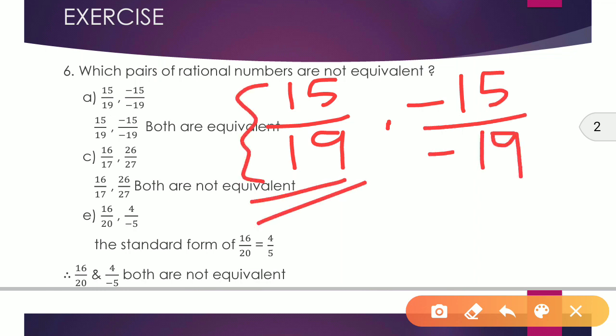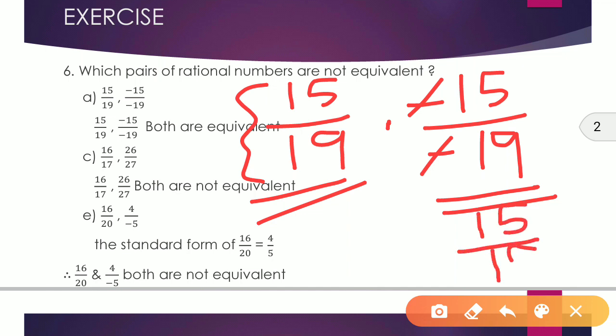We also cannot simplify this number, but we can cancel the minus sign. If we cancel the minus sign, this rational number converts into 15 by 19. This is also 15 by 19. So we can say that both are equivalent.